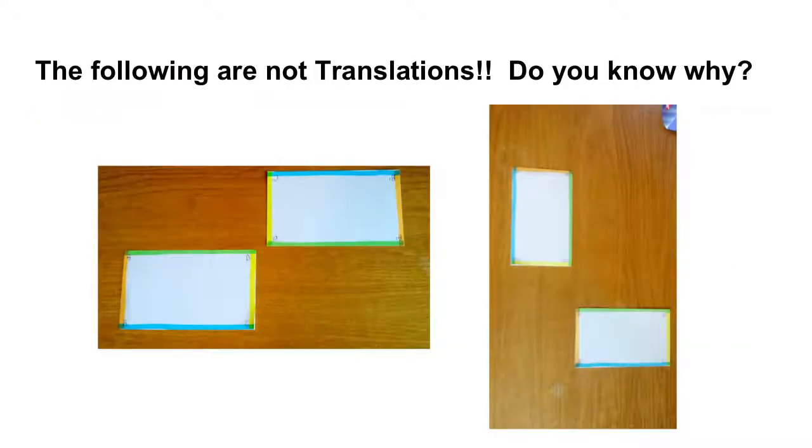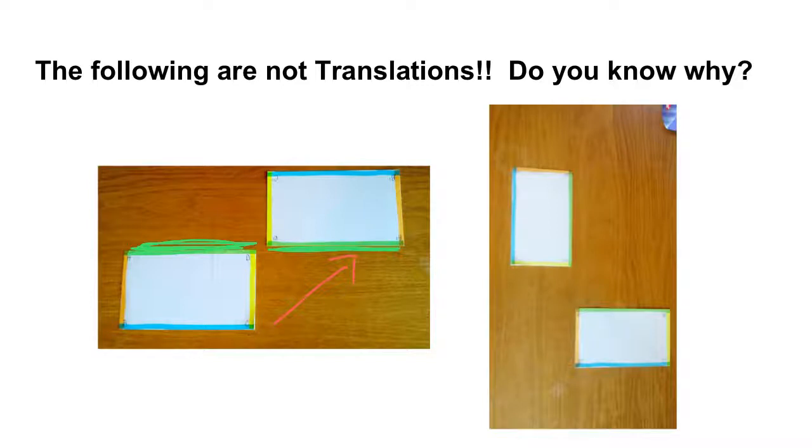For example, if you look at these two pictures, they are not translations. They might fool you. Your first instinct might be to say, well, obviously this has been translated up and to the right. But now that you're being a little more careful and paying attention to details, notice the green side went from being the top to being the bottom. That's not the same relative location.